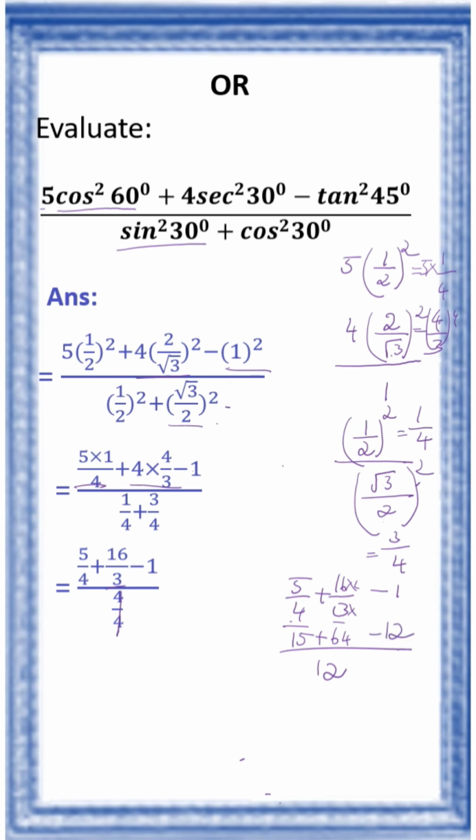Okay. Here 15 plus this one gets cancelled. In the next step we have this one, 15 plus 64 minus 12. It is 67 by 12. So the final answer is 67 by 12.